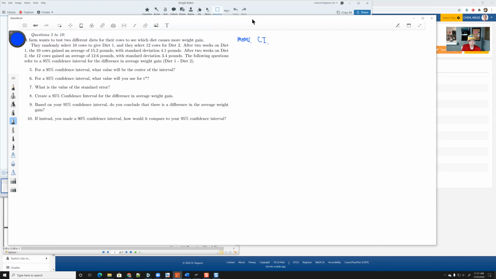We have 2 samples, because we have diet 1 and diet 2. The measurements for diet 1 and diet 2 can't be paired with each other, because we've got 10 cows over here and 12 cows over here. So they're 2 samples and they're independent.